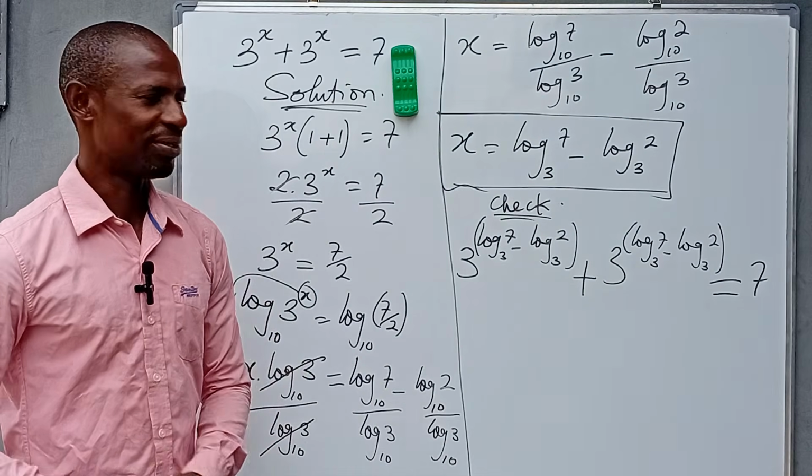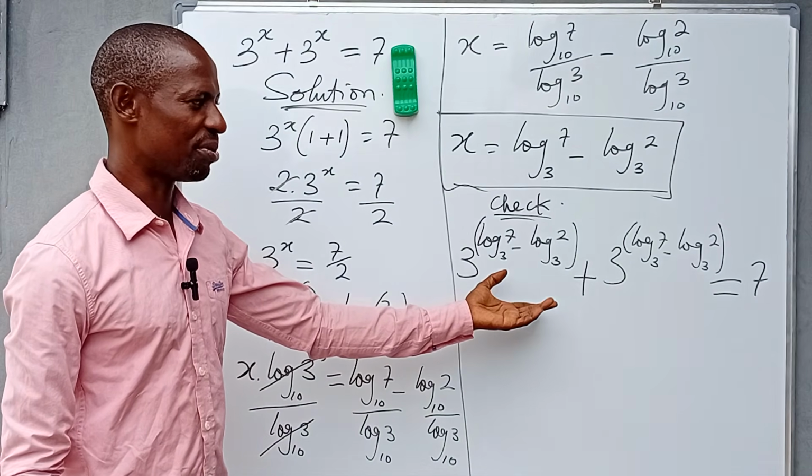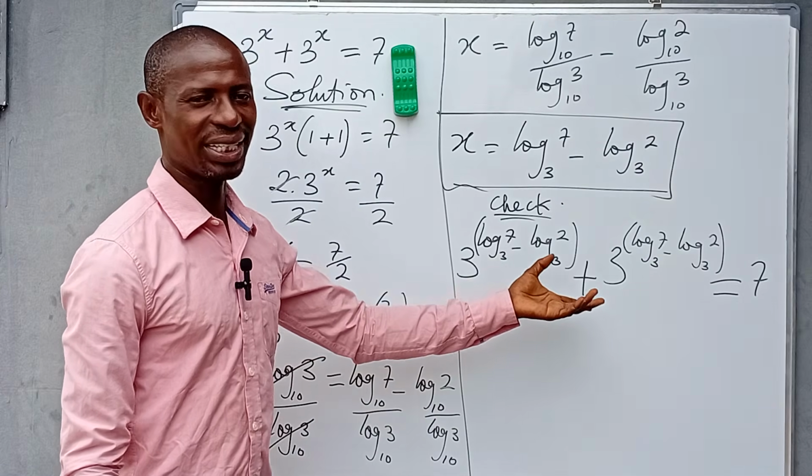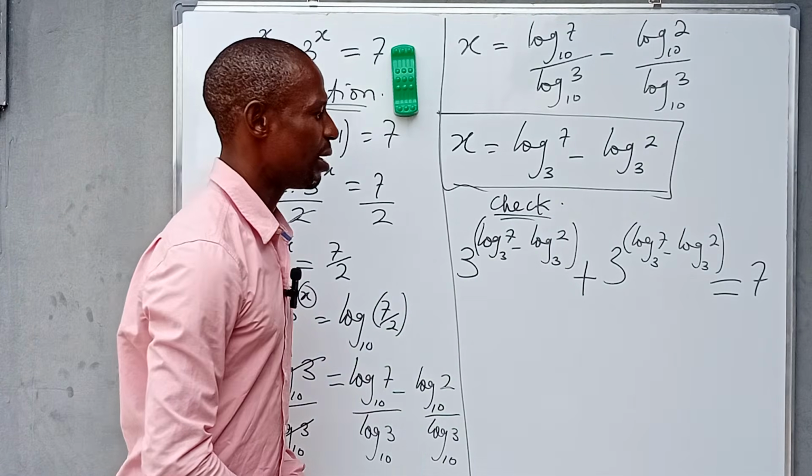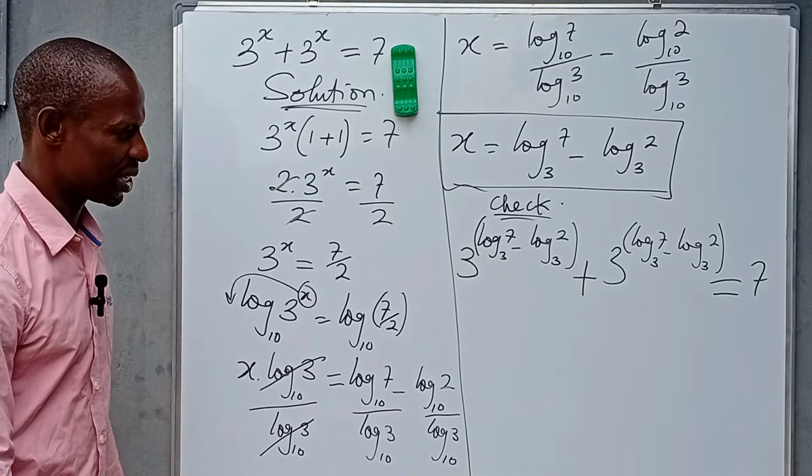Like I told you earlier, this is the interesting part of the whole thing: substituting the value of x into the original equation to check if the answer actually satisfies the original equation.